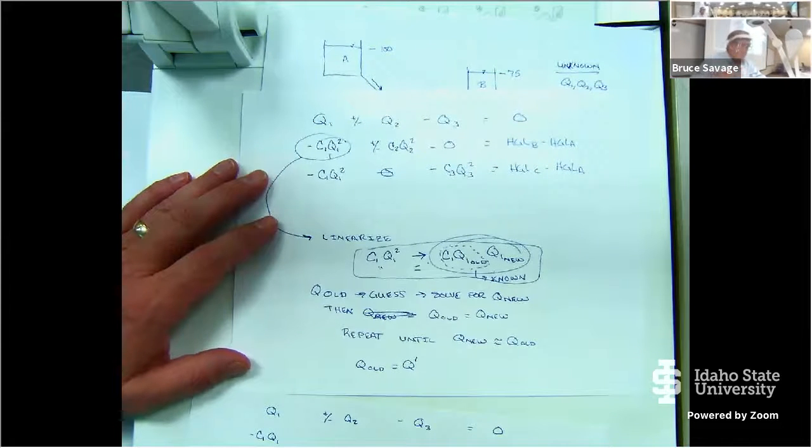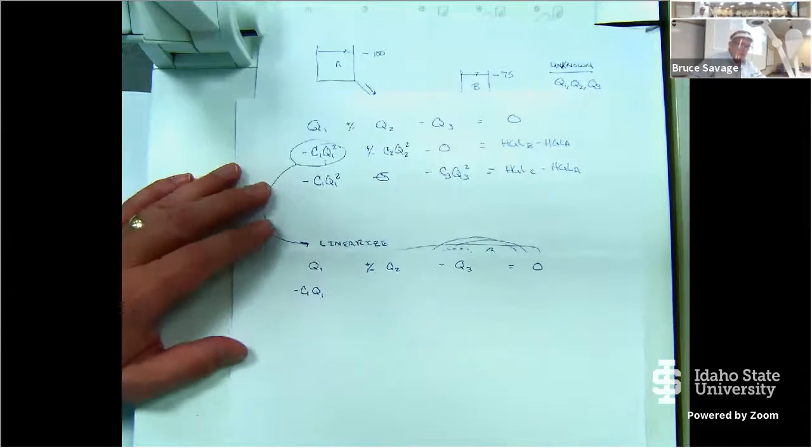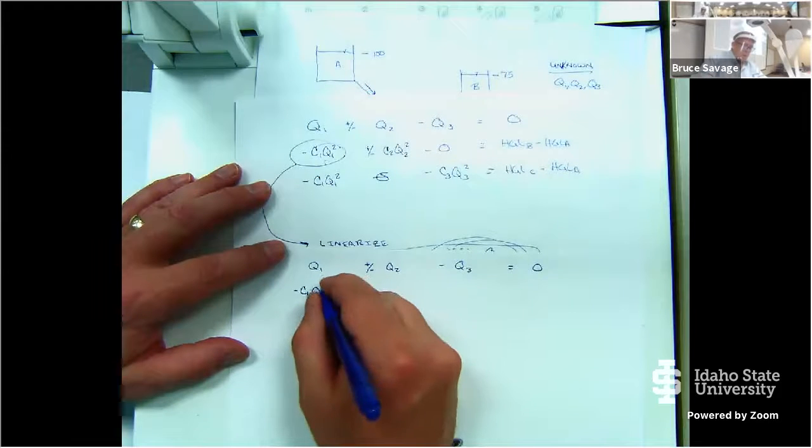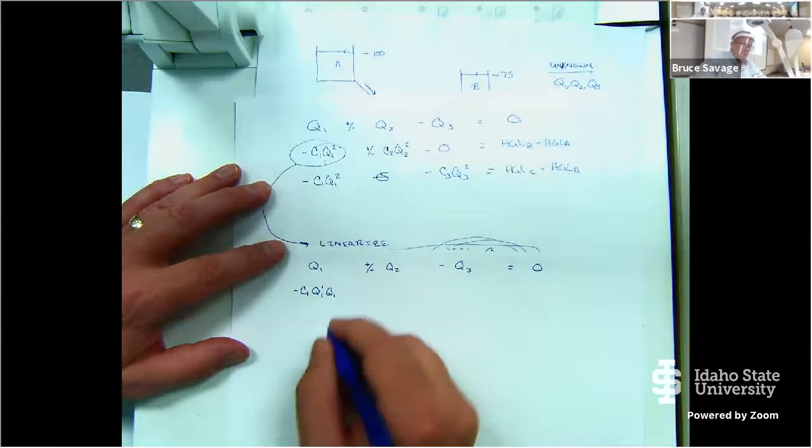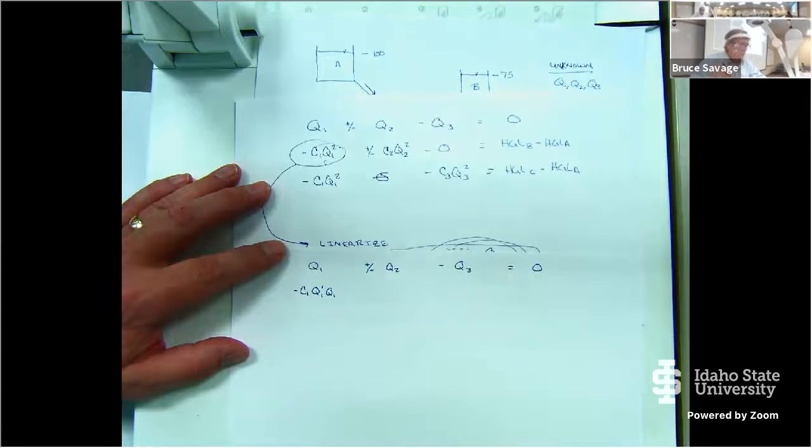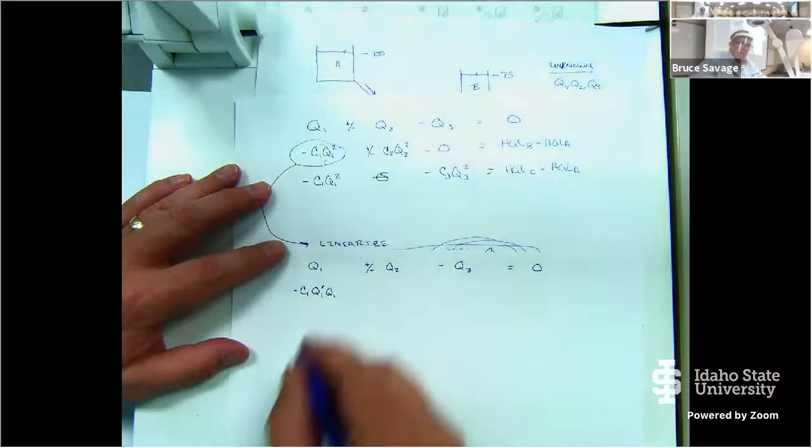This is a simplification. So Q1 prime times Q1, where Q1 prime is just Q old. Make sure you put that in your notes. It's not the derivative, or raised to the first power. That's prime. That's equal to old.